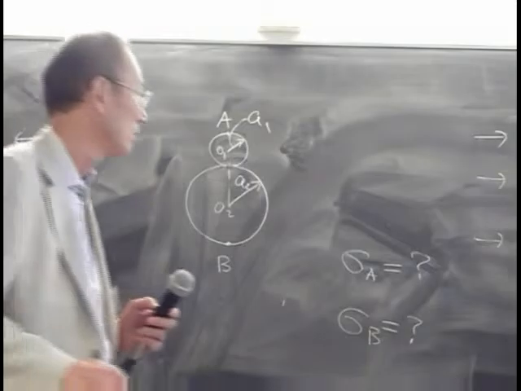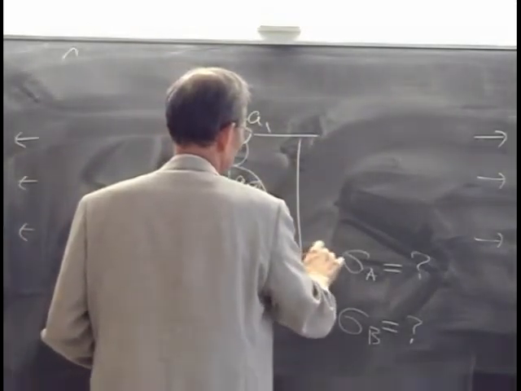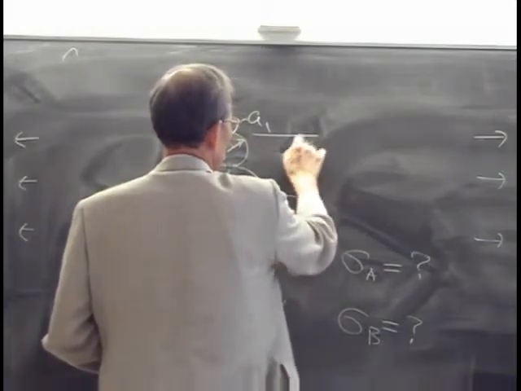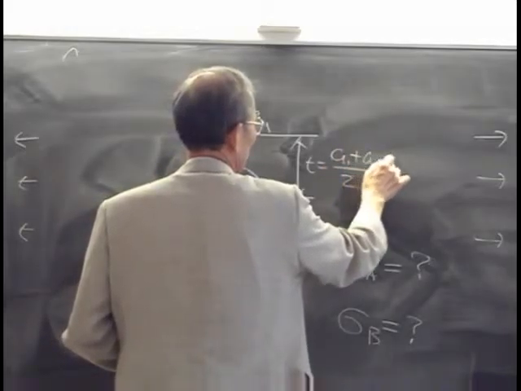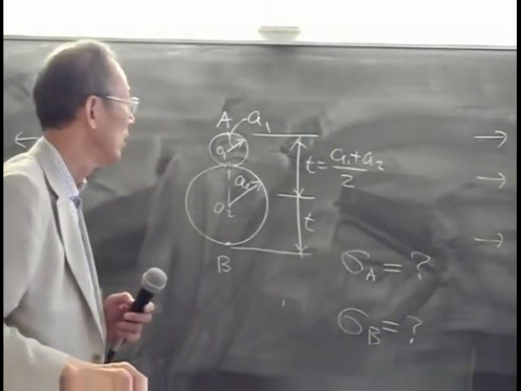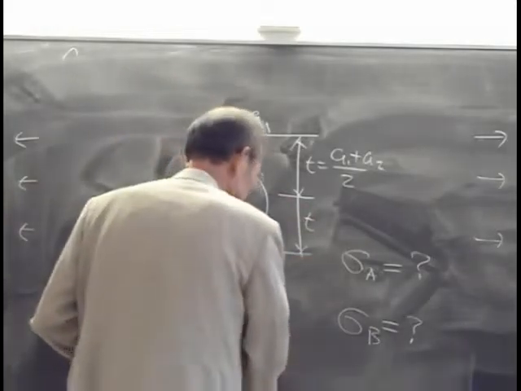The axis as the sum of A1 plus A2 divided by 2. Yes, T is A1 plus A2. Yes. And then I've used the two different radii of curvature at the two points. Oh, you're right.